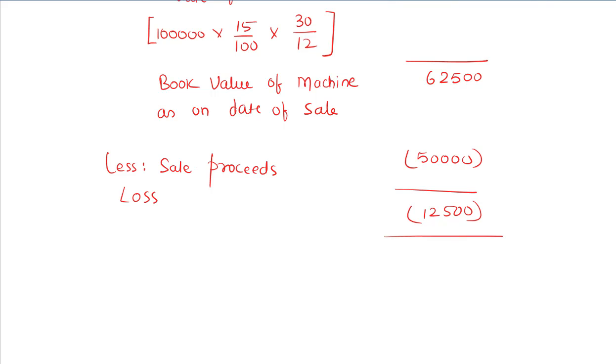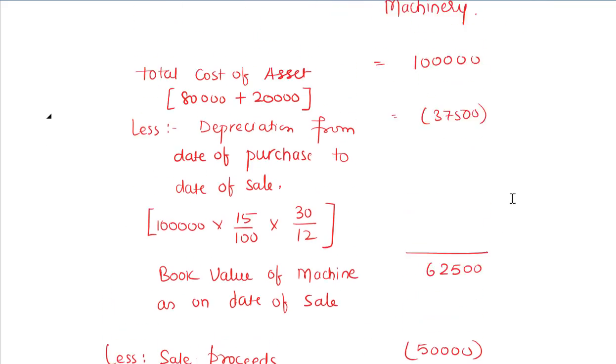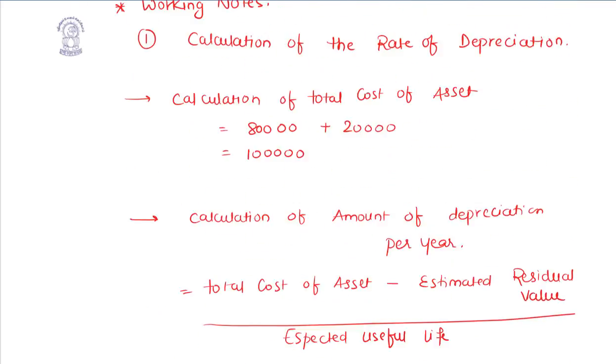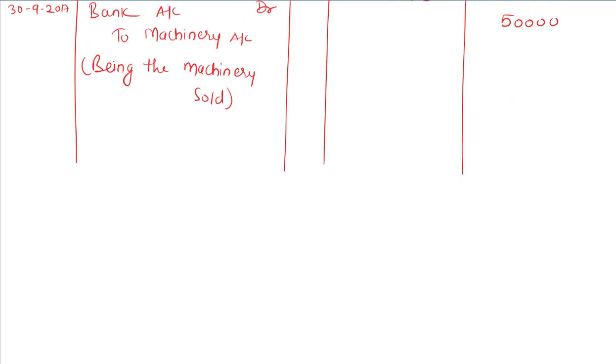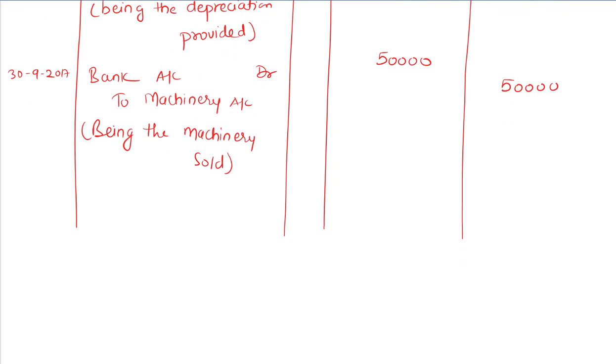Just write over here, loss on sale of machine, 12,500. Understood? Now, pass a journal entry in relation to this loss.